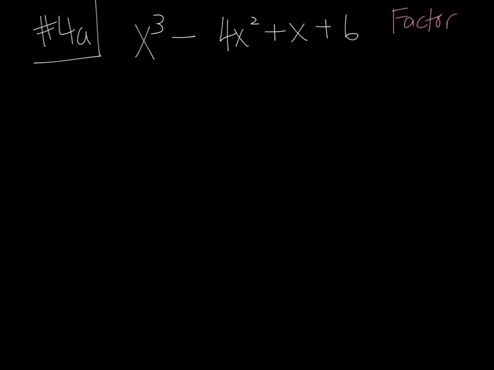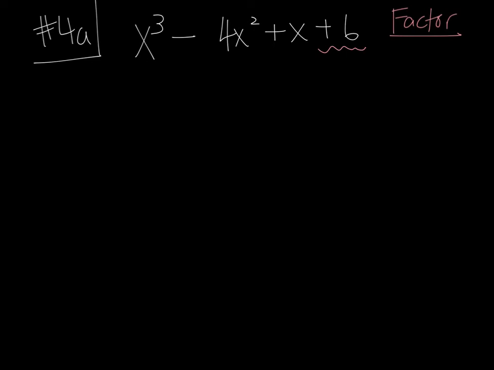Number 4a. The instruction was to factor. So I need to use the factor theorem to test out what might be a factor for this. In order to do that, I need to look at the last term, which is plus 6. So I'm going to use the factor theorem to test values that go into 6, like 1, 2, and 3, and -1, -2, and -3, until I find one that will give me 0 as a remainder.